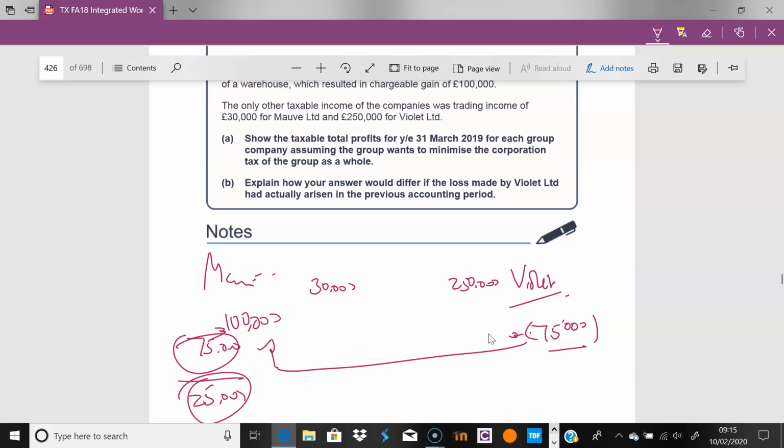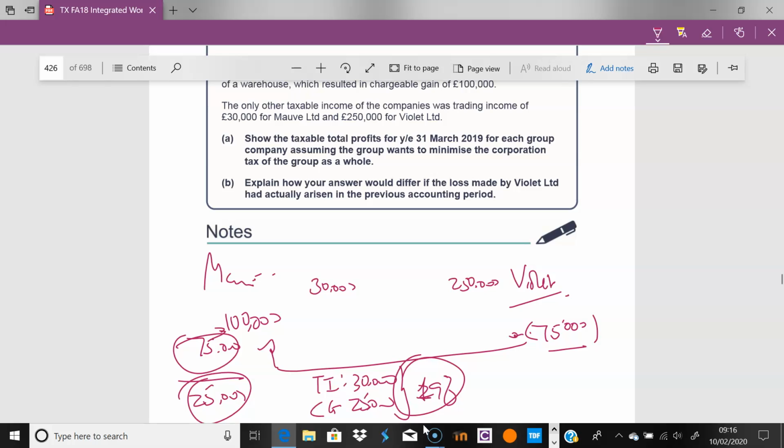So now her schedule will look like this: trading income 30,000, capital gains 25,000. All of this will get taxed at 19%, because corporation tax is applied to all gains. And that's how we would deal with this.